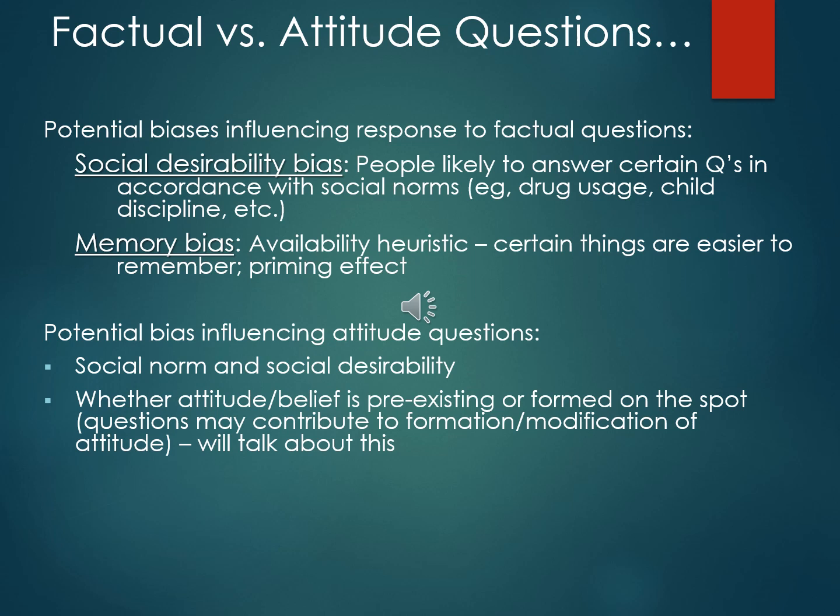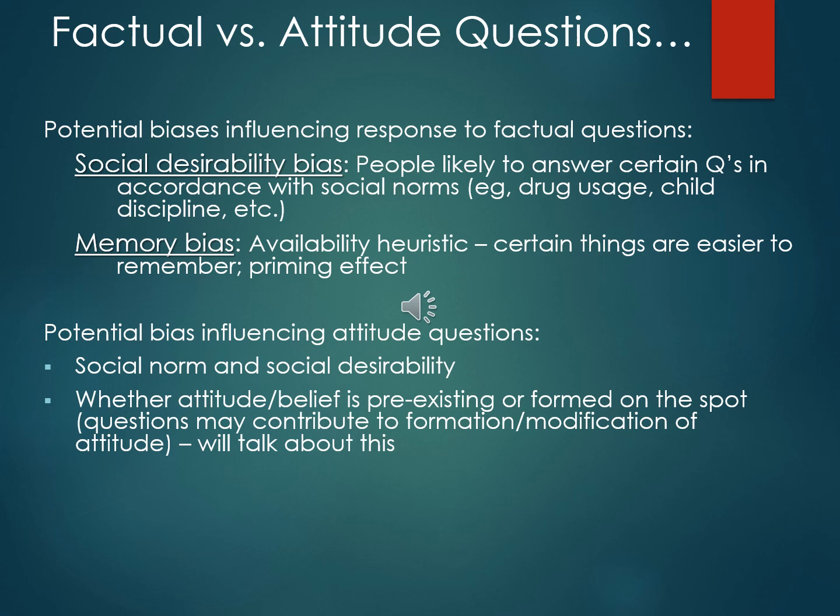People's responses to survey questions are affected by bias. The way in which those biases affect responses may be slightly different depending on whether the question is about factual information or about attitude information.